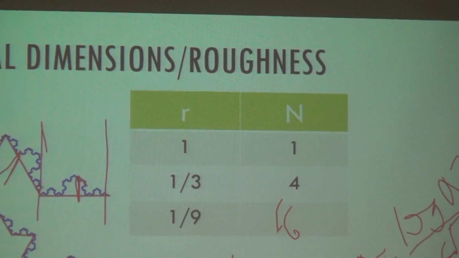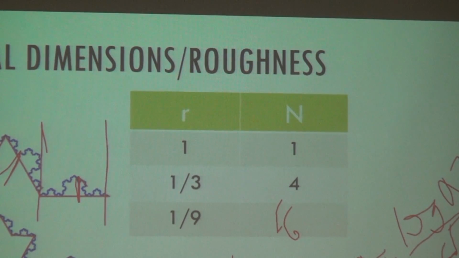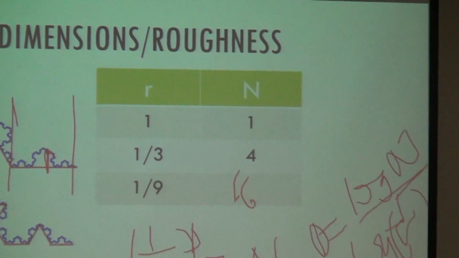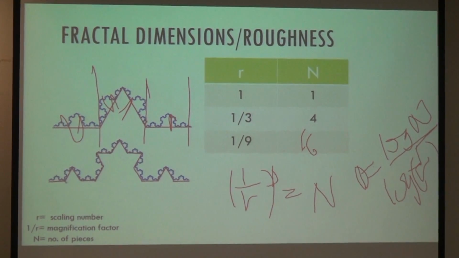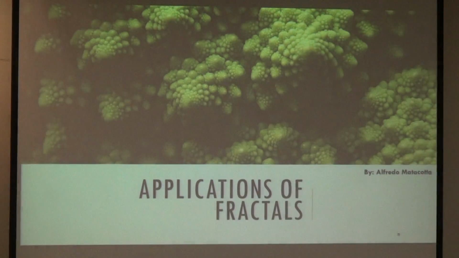In particular, if we solve for log of N, 16, divided by log of 1 over R, or log of 9, we will arrive at 2.16. So the dimension for this fractal is 2.16. Okay? So that's how we arrive at the formula that we showed earlier in relation to the dimensionality of fractals.